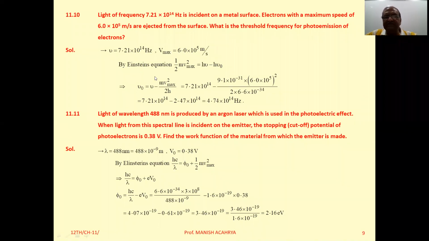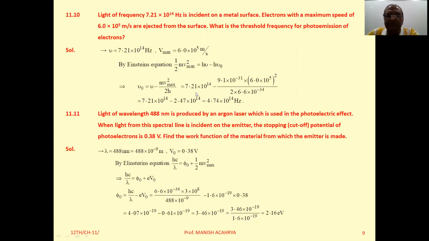So we have Einstein's equation, half m v_max squared, equals hν minus hν0. So here make ν0 the subject. So first take h common, take it on the left-hand side, and then make ν0 the subject. So we will get ν0 is ν minus m v_max squared upon 2h.